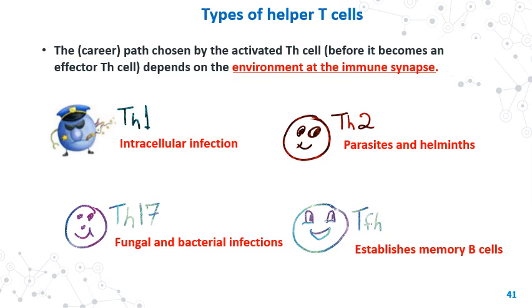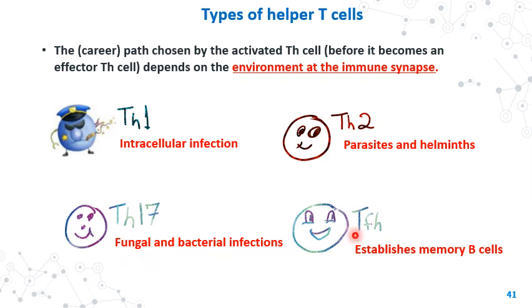So how is it that you're going to get Th1 cells? Basically, when you have intracellular infections, you get Th2 by parasites. You get Th17 if you have fungal infection or bacterial infection, but mainly extracellular bacterial infection. Because in case of fungal or bacterial infection, you need a lot of inflammation.